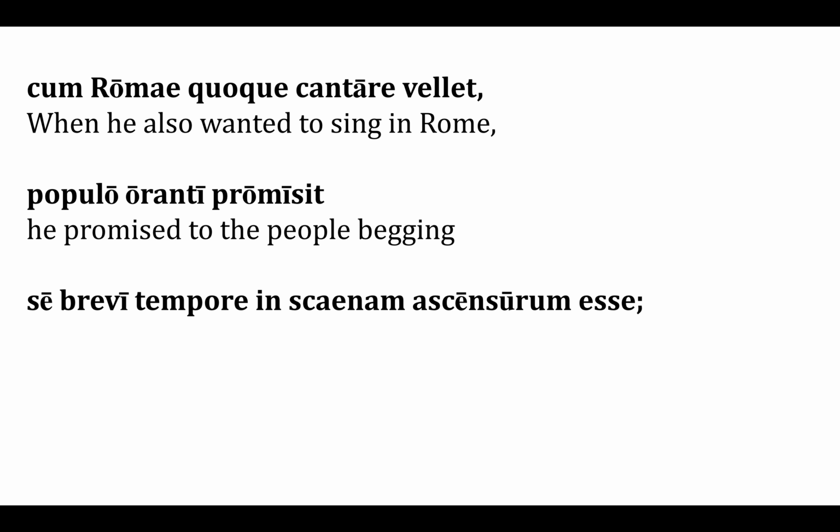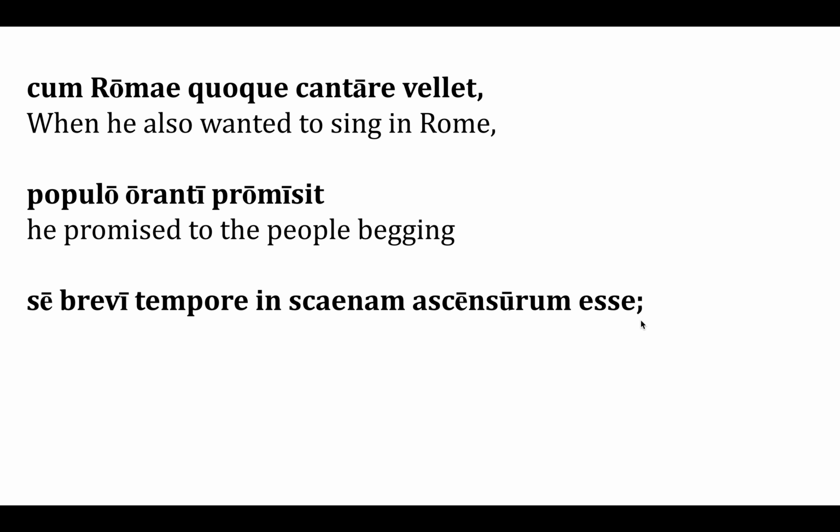Now, what else are you expecting after the verb to promise? You promise to somebody either a thing, right? You can promise money to someone, or more often, you promise that something will happen, right? And in Latin, if you promise that something will happen, then that's going to be an indirect statement, accusative and infinitive. So the accusative is say, the reflexive pronoun, so he promised that he, and the infinitive is ascensurum esse.